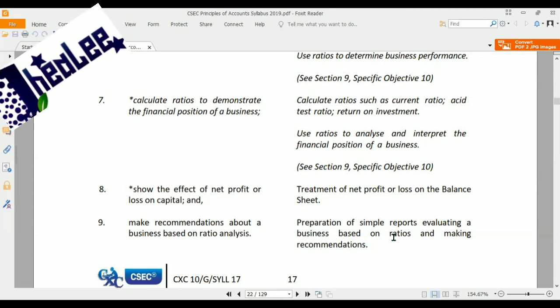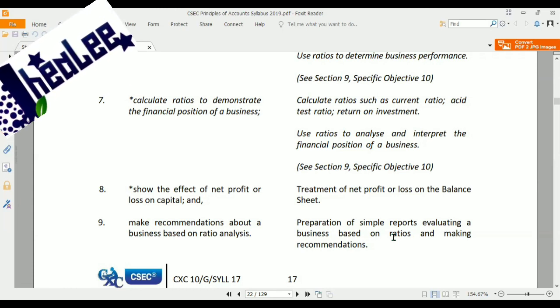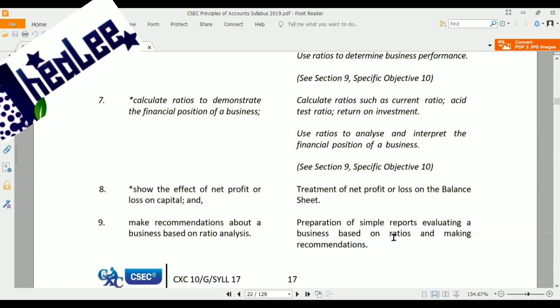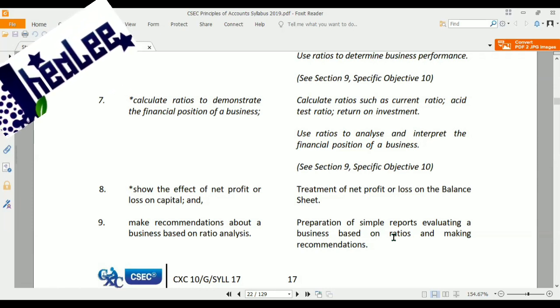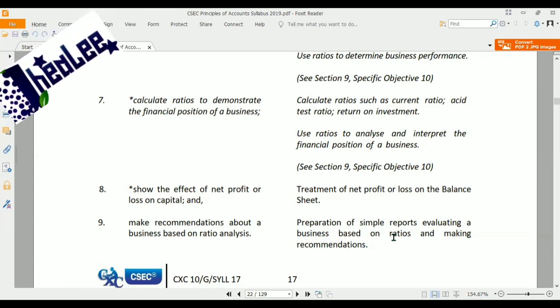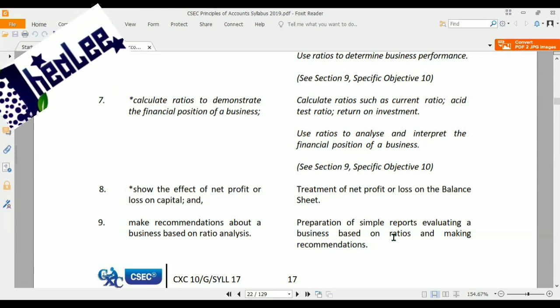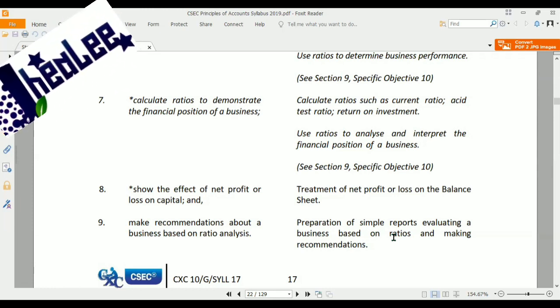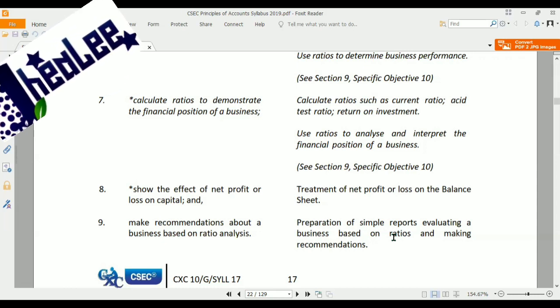Like, for example, your net profit margin may be low. What can you do to improve your net profit? One thing that you can do is to increase the volume of sales, or you could even try to decrease the value of the expenses that the business generates. So therefore, those are some recommendations on how you can improve on the business performance.